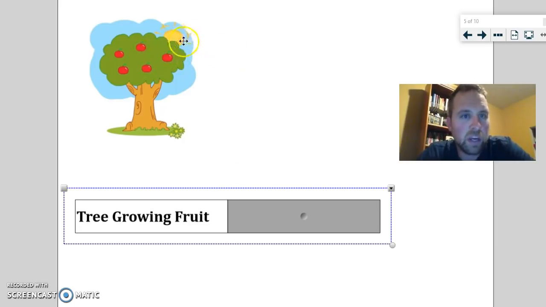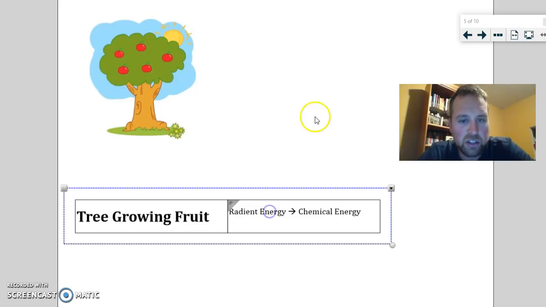It uses radiant energy. So it starts out as radiant in the sun, and as it comes down to the tree, it turns into a different type. If you think about what type of energy is in an apple, hopefully you guys know that that's chemical energy. So this transfer is pretty easy. It's radiant from the sun, and it turns into chemical energy in the fruit, in the tree. So let's get this written in our notes.